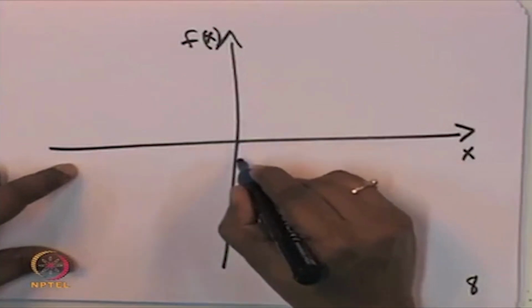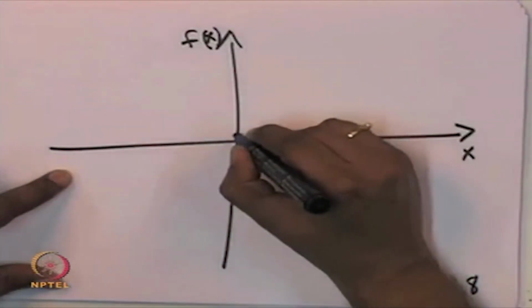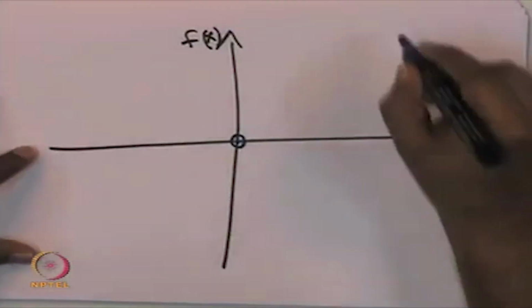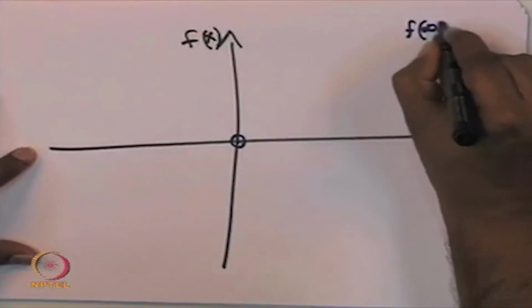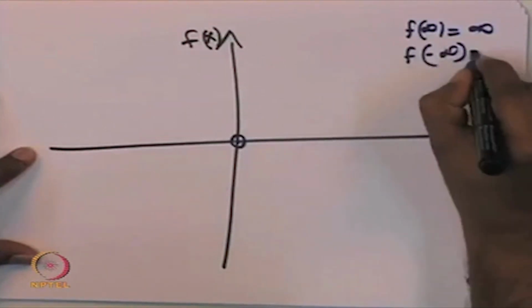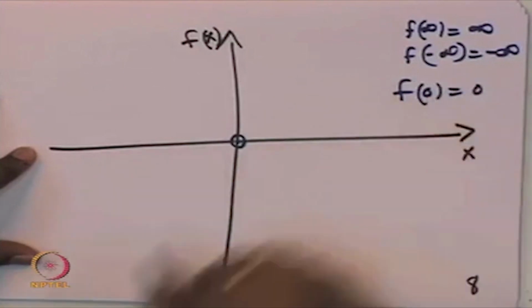At x equal to 0, the function is 0. So, the function has to go through this particular value. So, we learn that f at infinity is infinity, f at minus infinity is minus infinity, and f at 0 is 0.